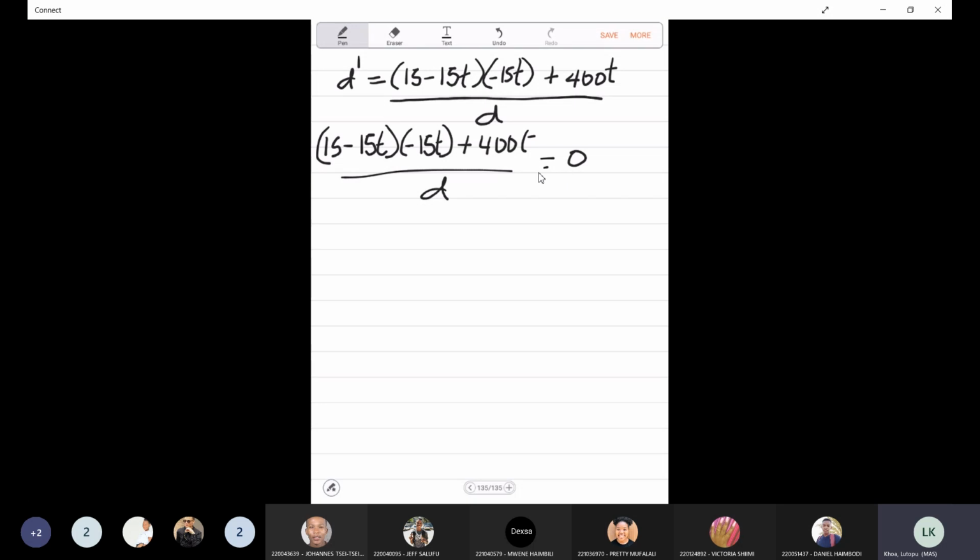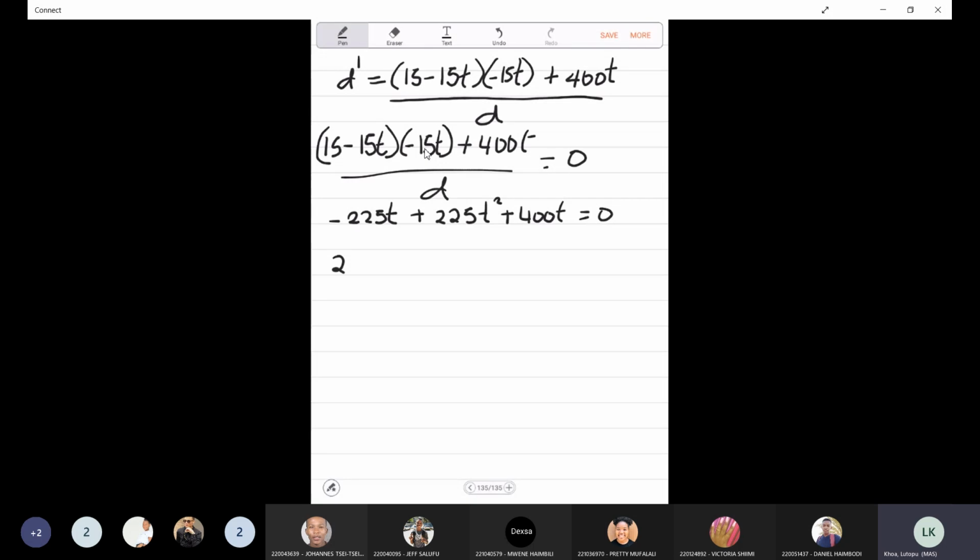So multiply by d on both sides, and then we can multiply out what we have in the numerator, where 15 times minus 15t is negative 225t. Then negative times negative, this is 225t squared plus 400t, this is equal to 0.